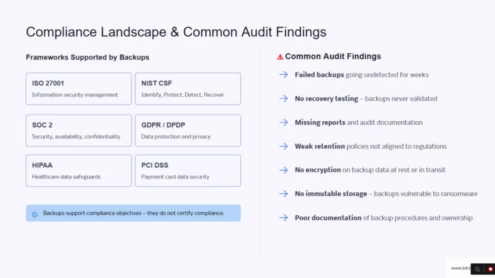You have GDPR and DPDP in general talking about data protection and privacy. That's not anything more specific, but it is in general. And then you also have HIPAA and PCI DSS. HIPAA is completely for healthcare businesses, and PCI DSS is completely on payment gateways.